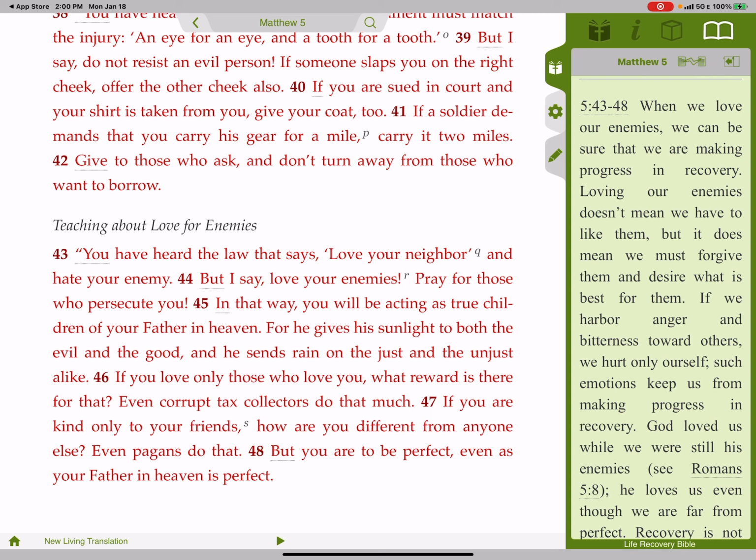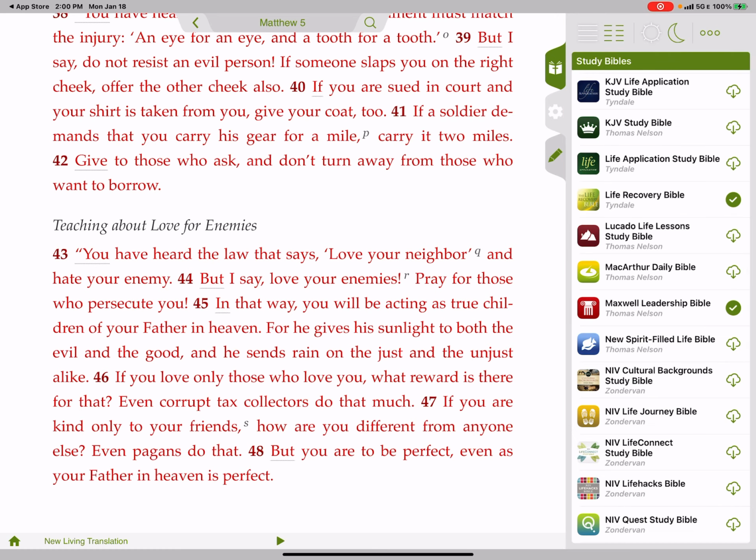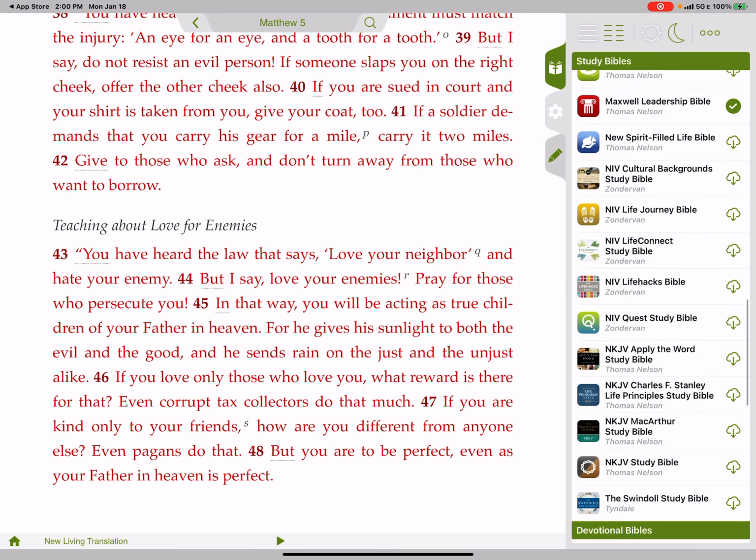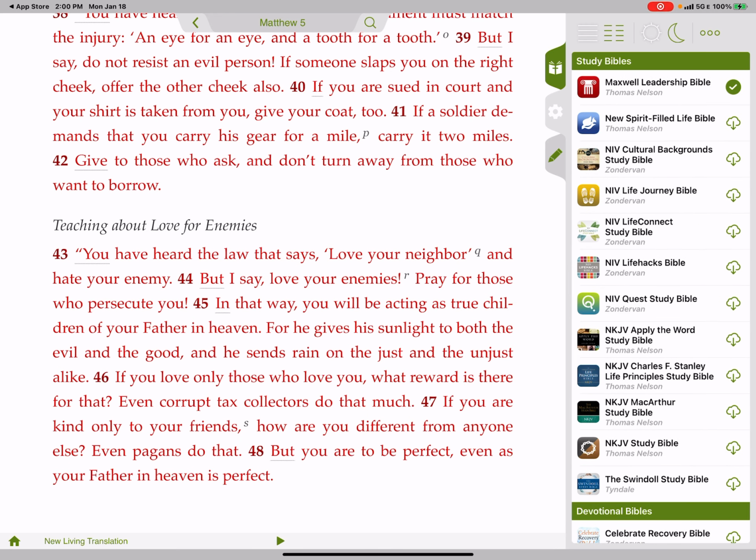Such emotions keep us from making progress in recovery. And so even the commentary is consistent with the focus of the resource in the Life Recovery Bible. And it's going to be that way with all of the resources. So go back to our library. I like the NIV Cultural Background Study Bible.